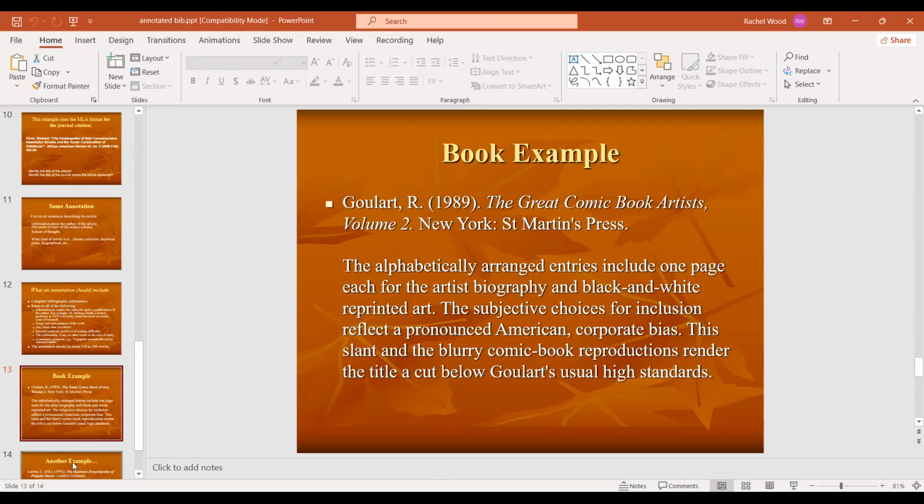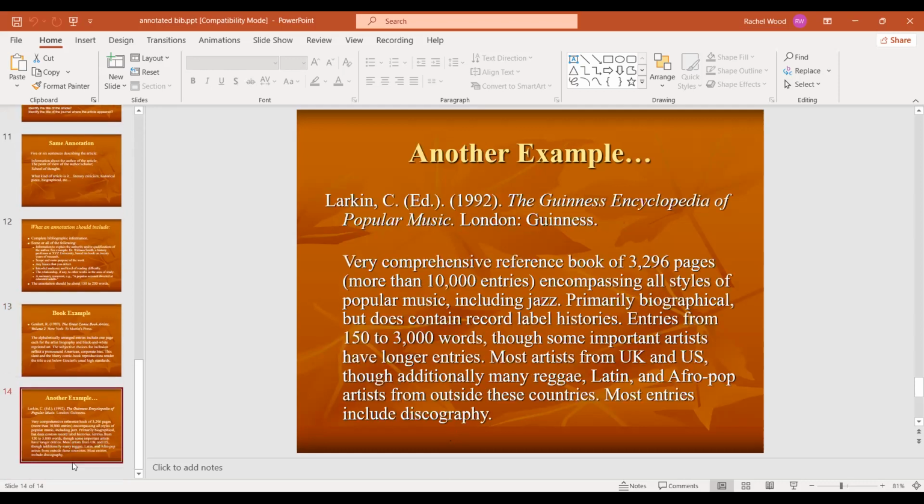Here is another example for you. The Guinness Encyclopedia of Popular Music, published in London by Guinness. So again, you have your annotation here. Notice the sentences are a little bit shorter. Very comprehensive reference book of 3,296 pages. So you're evaluating the source. You're talking about how long it is and what it's about.